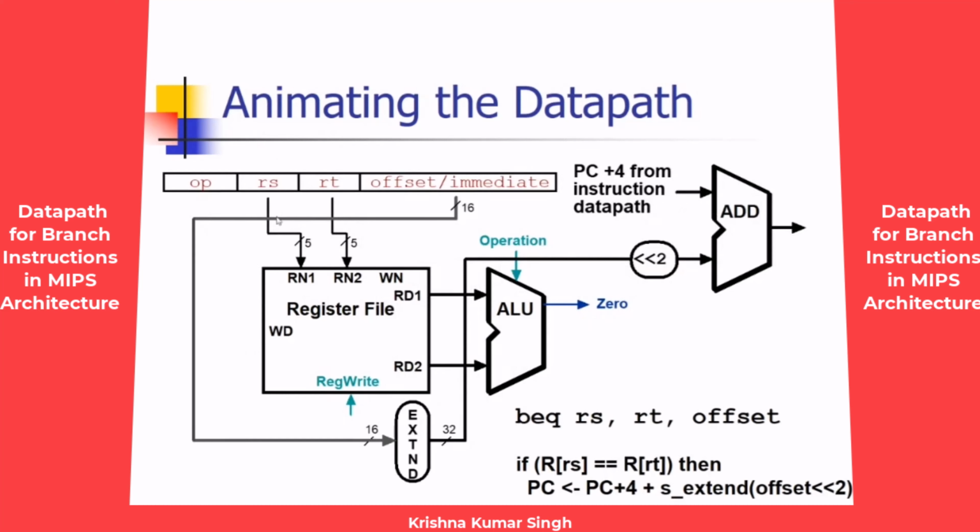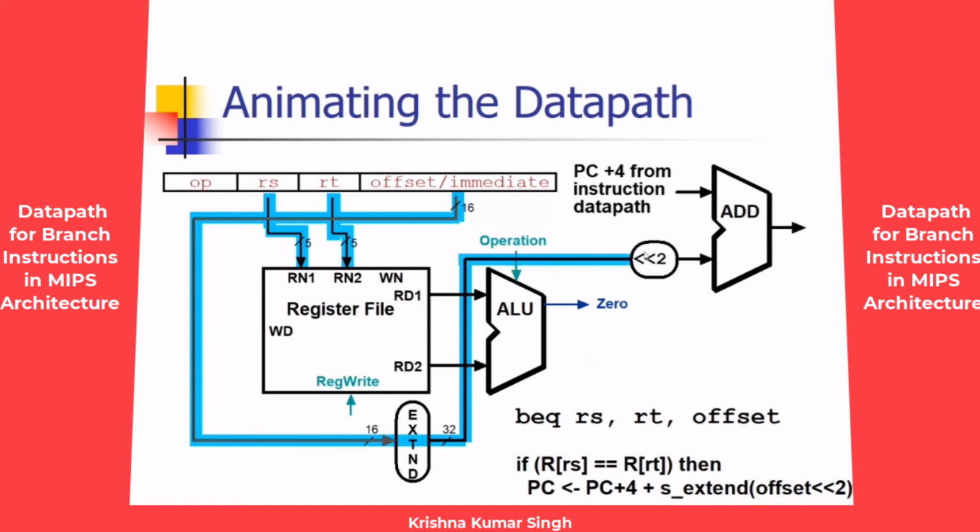Let's check them in the simple animation of the data flow. As you can see, RS and RT are given to the register file and the related address bits are also given to the extender module. Now we have 32 bits here and it is shifted 2 times to the left.